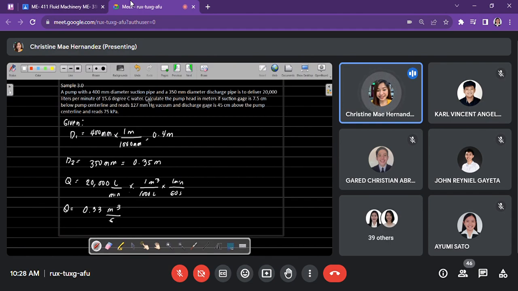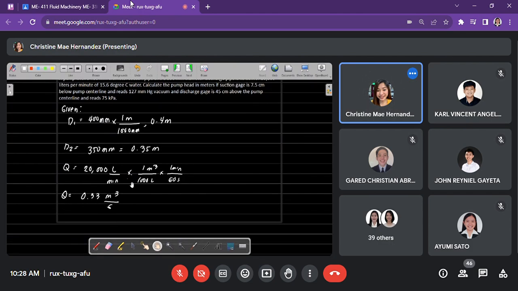Meron din daw tayong calculator section. Pressure or suction, calculate the pump head in meters if suction gauge.